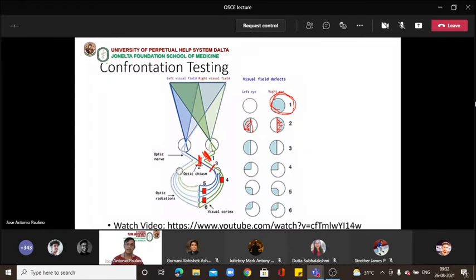So it's really the temporal side of each eye which will get affected. So each visual field will correspond to a specific lesion. It's just like in neurology. Each organ has its own innervation. Given that there's a weakness or problem in that organ, it will tell us where the lesion may be.